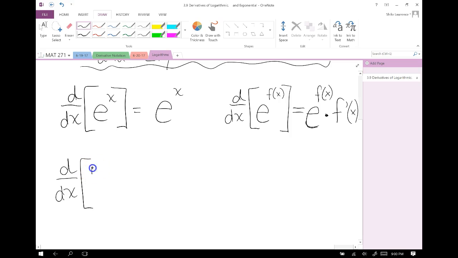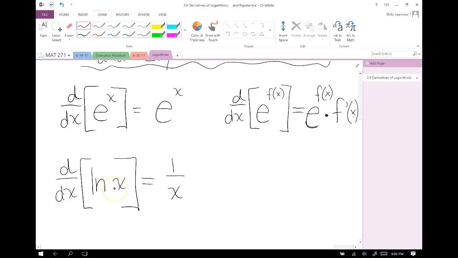But the derivative for natural log of x, so this is the most simple case where what we have inside of our log is just a simple single linear x. The derivative with respect to x for natural log of x is 1 over x. So this is specifically for natural log, and it's when the only thing inside is an x.